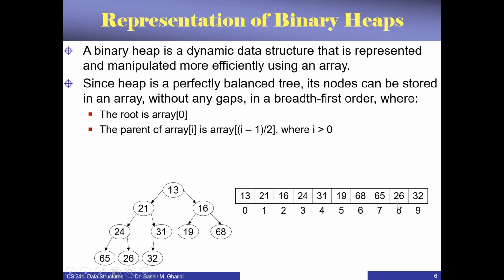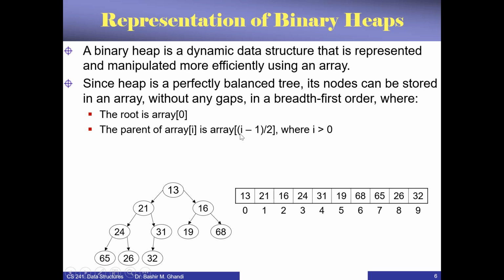Let's say 26. 26, assuming is a child node, its index is 8. Suppose we want to know the index of the parent of 26 without looking at this tree, just knowing that the 26 itself is at index 8.